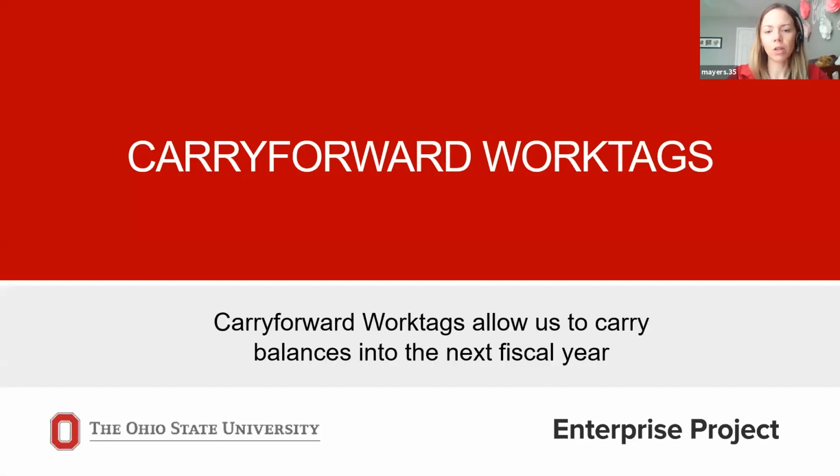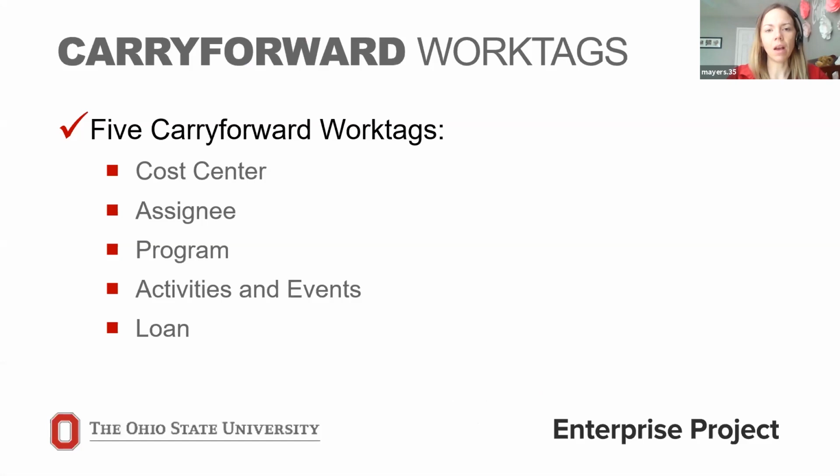So carry forward work tags allow us to carry forward balances into the next fiscal year. Please keep in mind that all balancing work tags also have the carry forward capability. But that carry forward functionality has also been pulled into additional work tags such as cost center, assignee, program, activities and events, and loan.